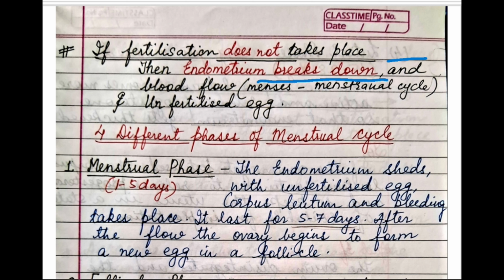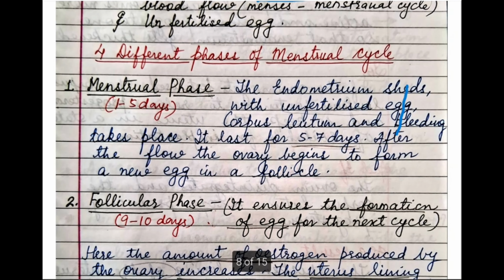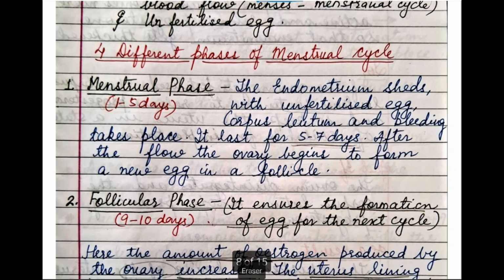Now here you can see the 4 different phases of the menstrual cycle. First is the menstrual phase, which happens between the 1st and 5th days. The endometrium will shed the blood with the unfertilized egg, and bleeding takes place.